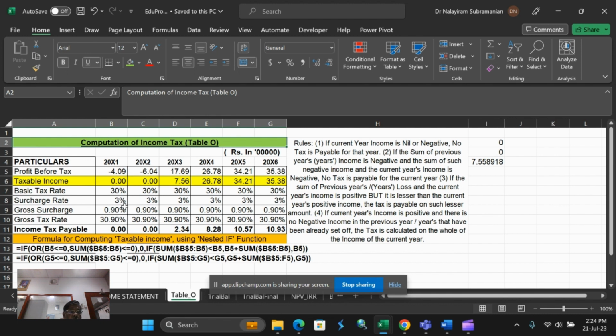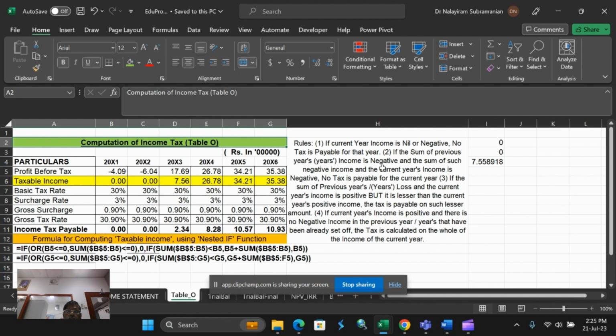In fact, it's not 0.9 percentage of the tax rate; 0.9 percentage is added to the basic tax rate. That takes us to the gross tax rate of 30.9 percentage. Accordingly, this rate is applied for calculation of the tax. You can see zero for the first 2 years. Then there are taxes that have been computed for the rest of the years.